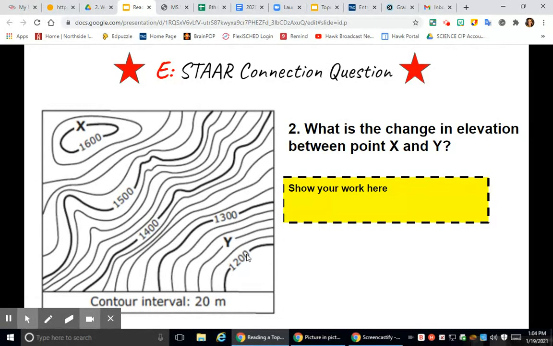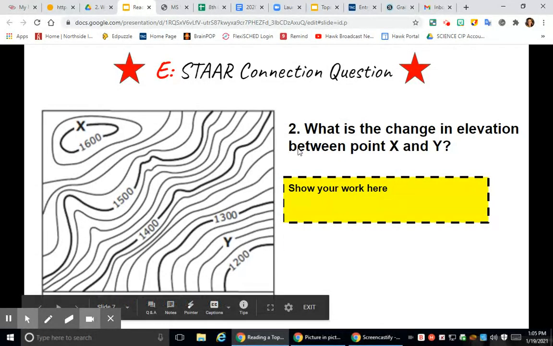1,220, 1,240. So if I want the change in elevation, I have to take the difference between 1,600 and 1,240. So we could use a calculator for that, and 1,600 minus 1,240.